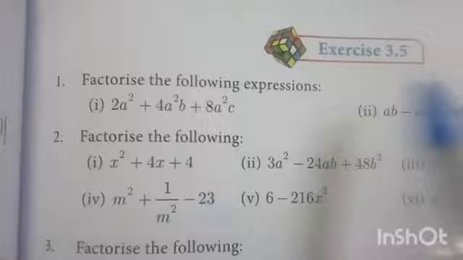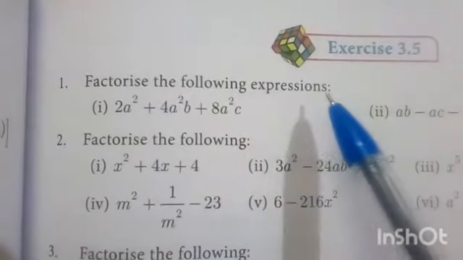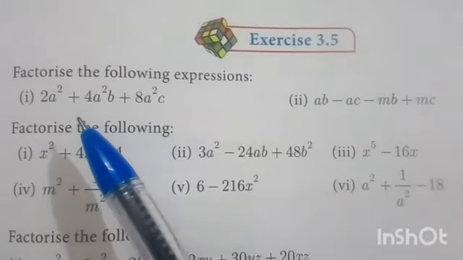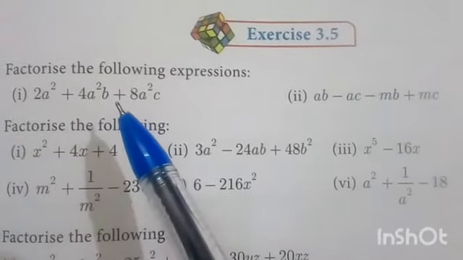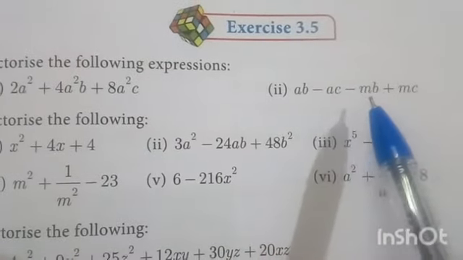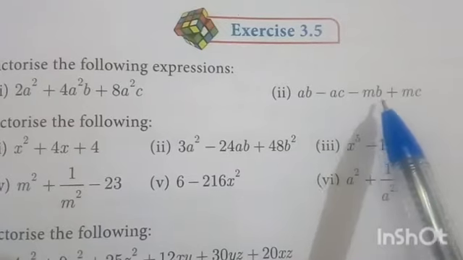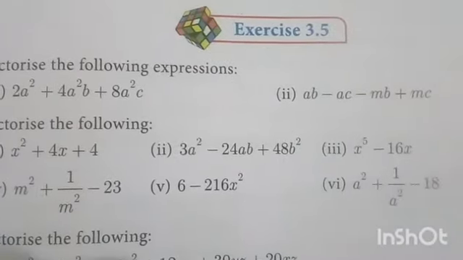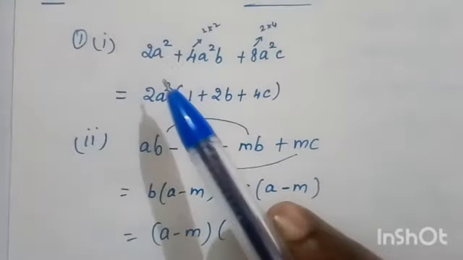Now exercise 3.5. First problem, factorize the following expressions. The first one is the common factor method, where we have to find the common factor: 2a square plus 4a square b plus 8a square c. First write the question.